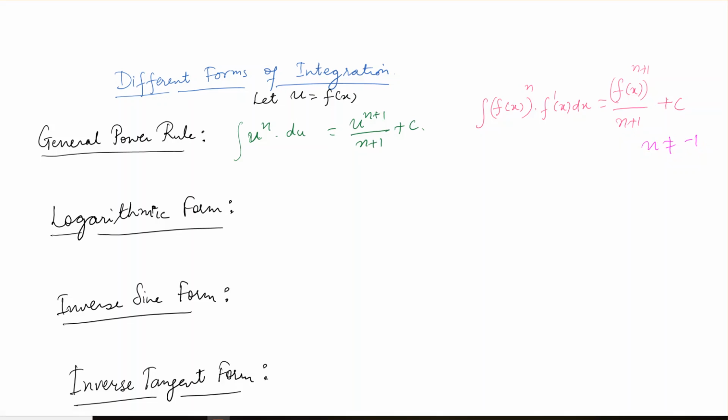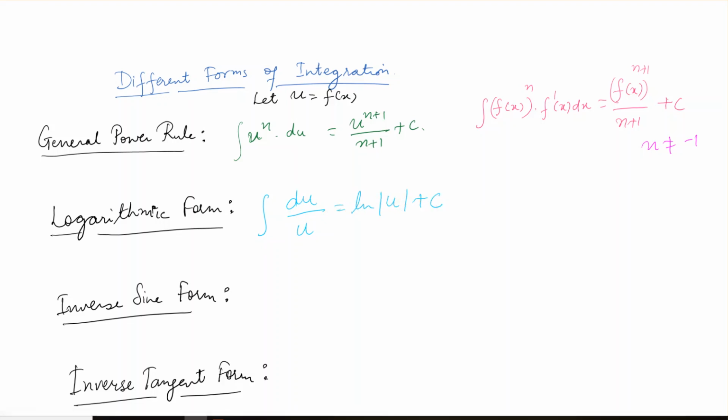Similarly, for the logarithmic form, we deal with that case when n is equal to -1, or in other words, the power of the function is -1, so u is in the denominator. So in that case, if you have the reciprocal of a function and the differential of the function, the integral is ln of absolute value of u plus c.